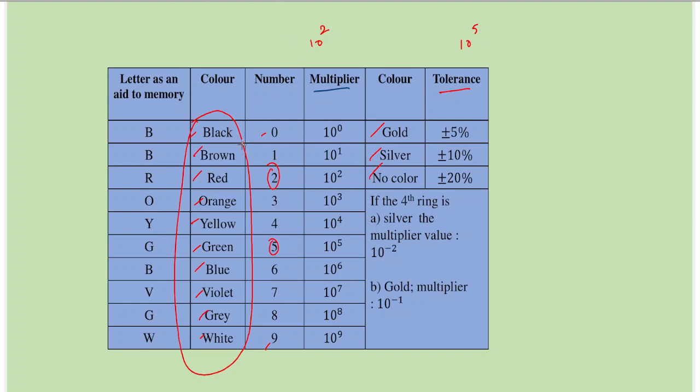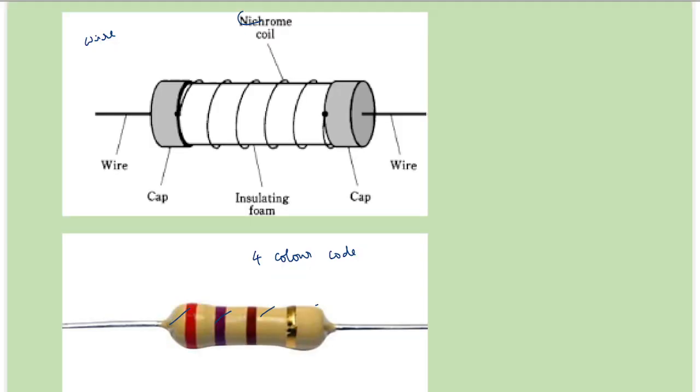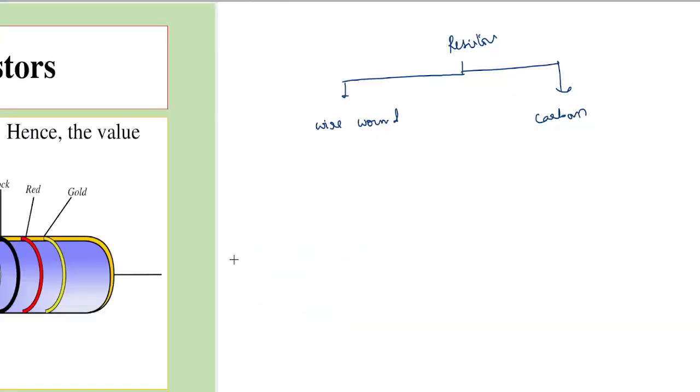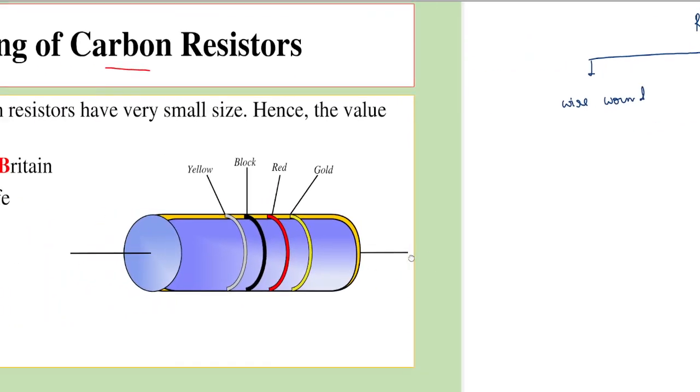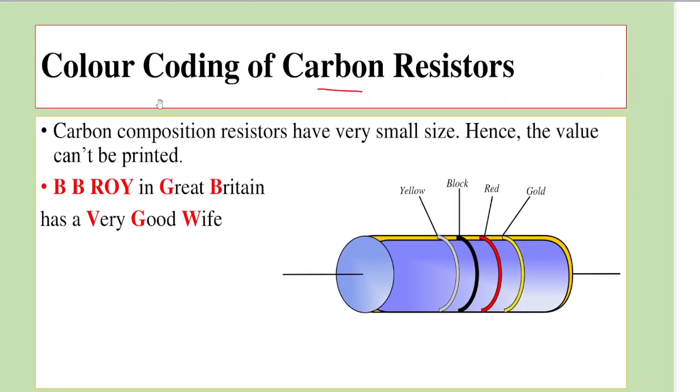Before that, to remember these colors, there is a way, and that is given by the phrase: B.B. Roy of Great Britain has a very good wife. Now there is B, there is B, there is R-O-Y.